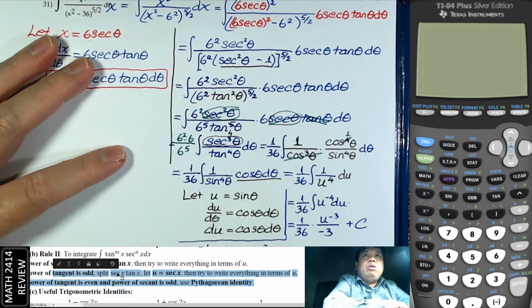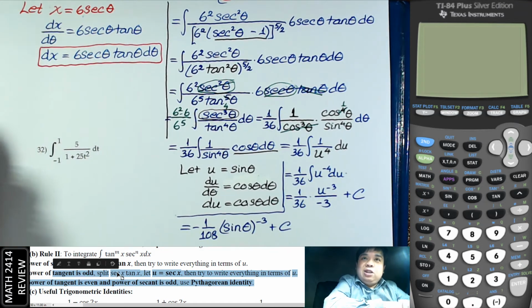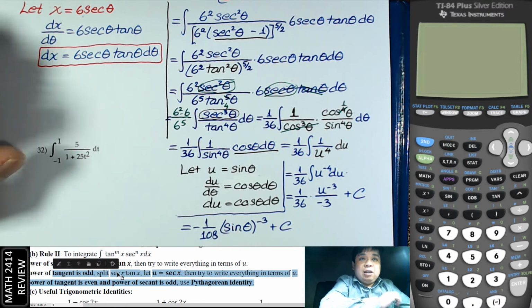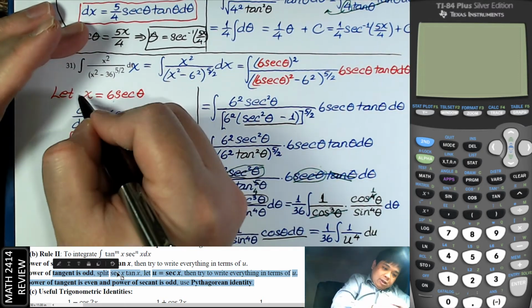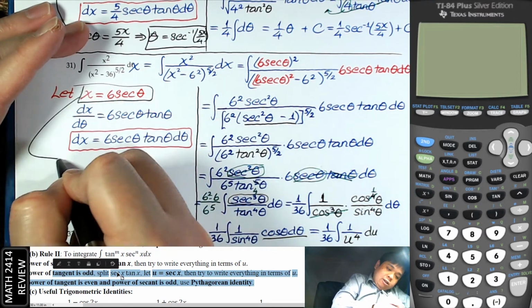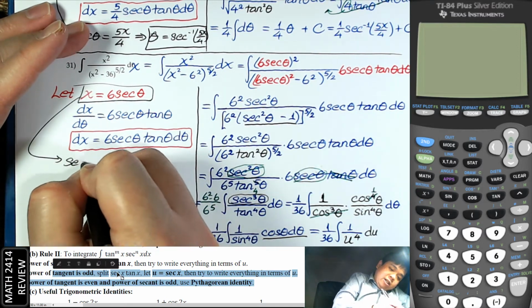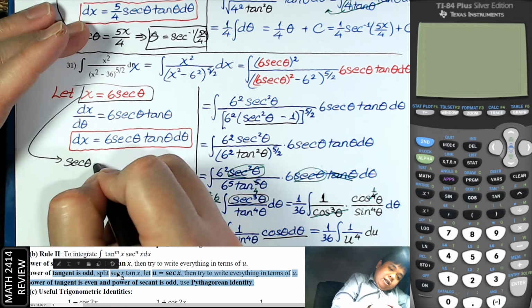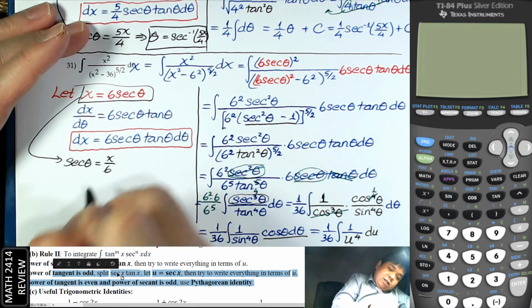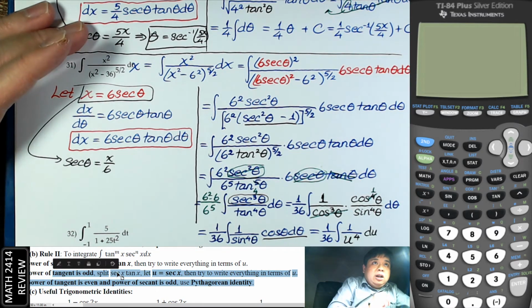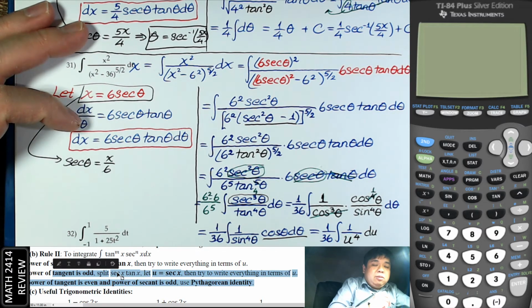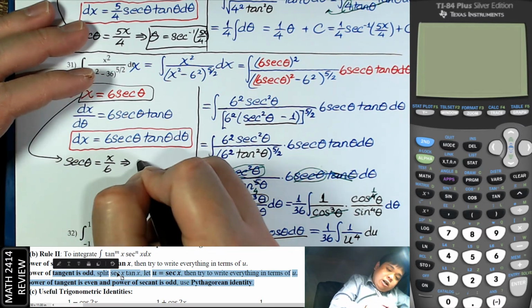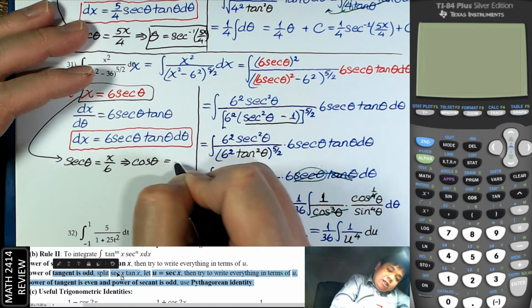The whole problem doesn't even fit on one screen. Finally we just need to solve for sine. This gives us secant is equal to x over 6, which gives us cosine is 6 over x.